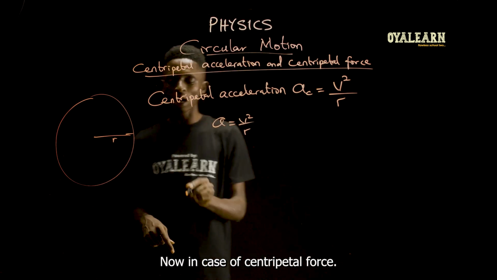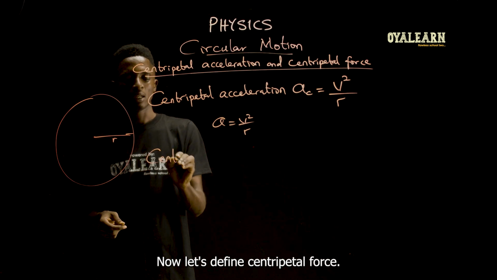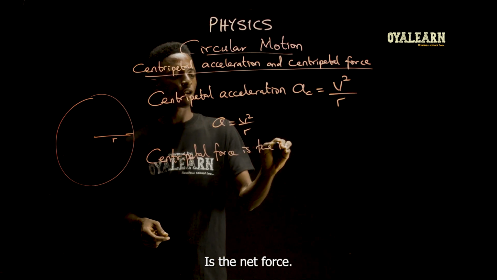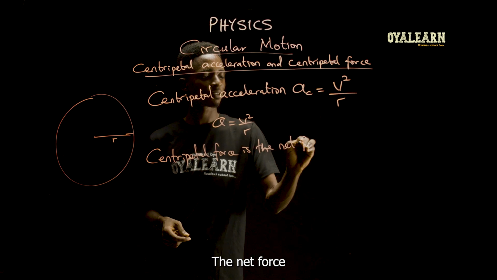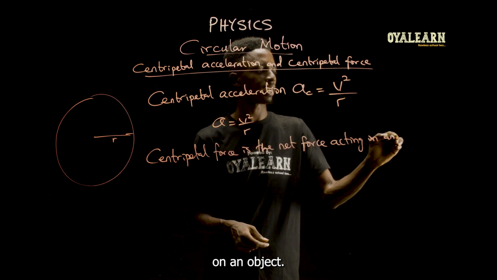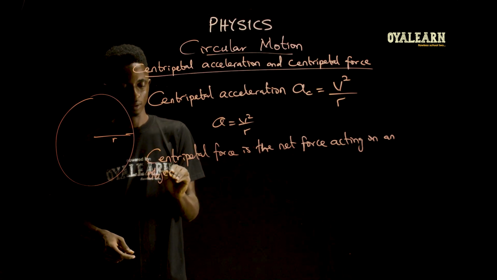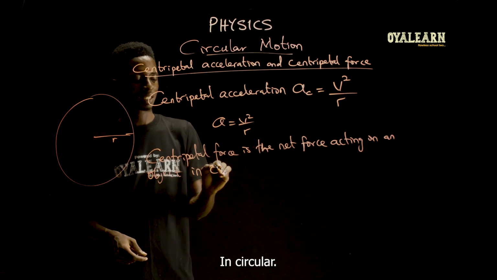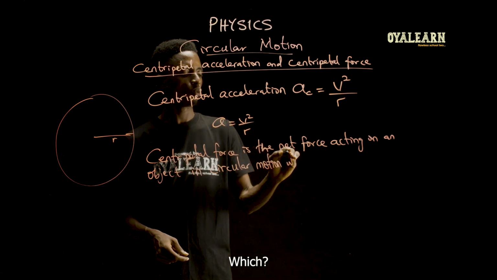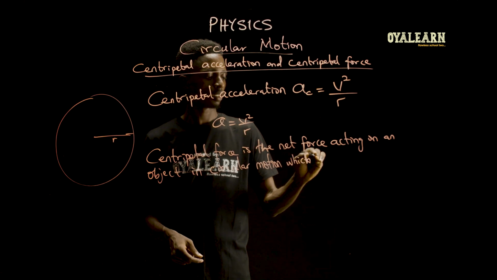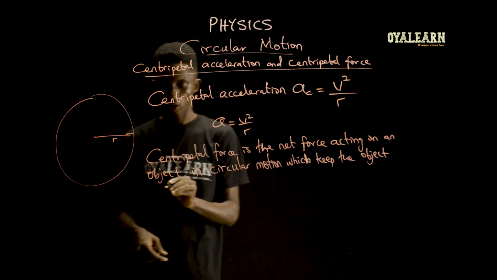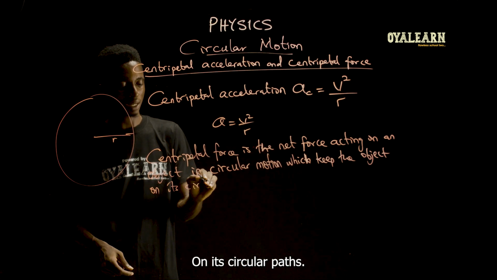Now, in the case of centripetal force, let's define centripetal force. Centripetal force is the net force acting on an object in circular motion, which keeps the object on its circular path.